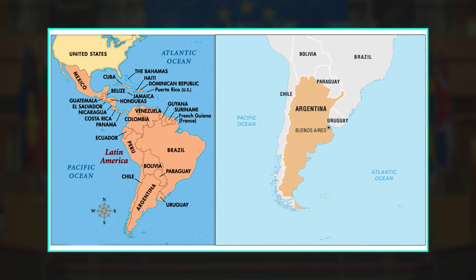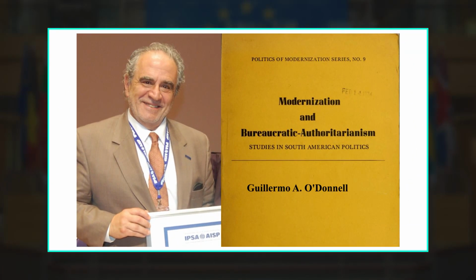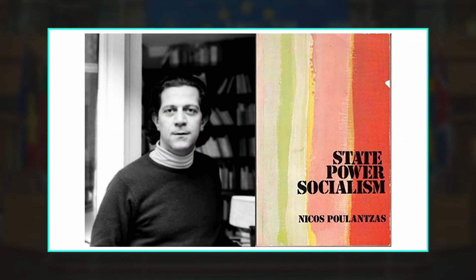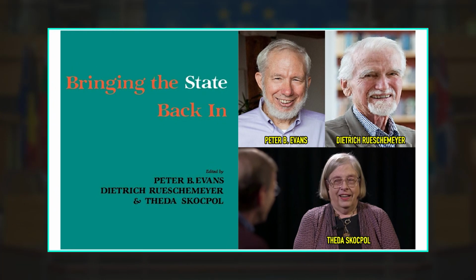The state, however, started receiving its share of attention in the 1960s and 1970s in Latin America, especially in Argentina, in the works of Guillermo O'Donnell's Economic Modernization and Bureaucratic Authoritarianism, published in 1973, Ralph Miliband's The State in Capitalist Societies, 1969, Nicos Poulantzas's State, Power, Socialism, published in 1978, as well as in such works of political sociologists like Bringing the State Back In, published in 1985.